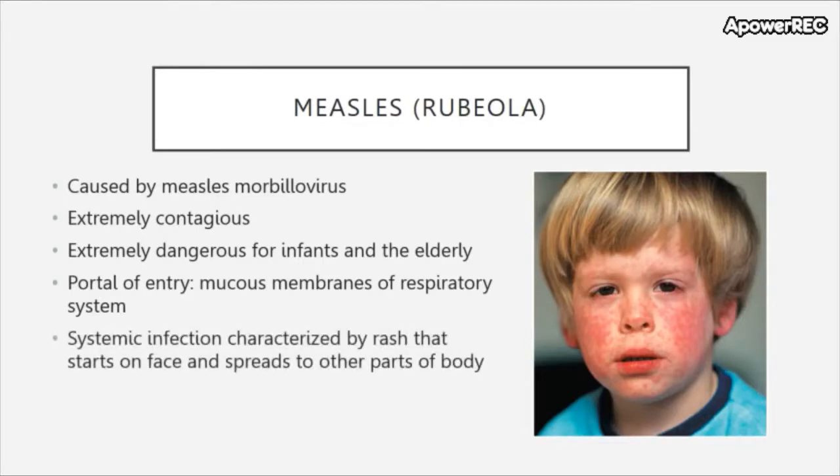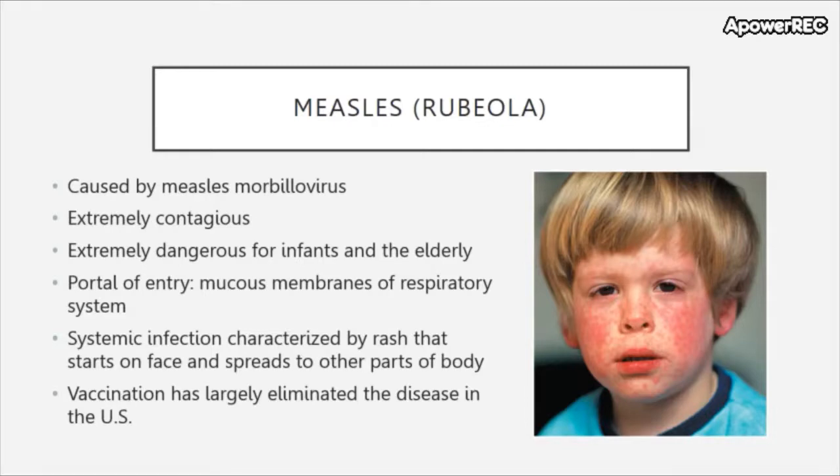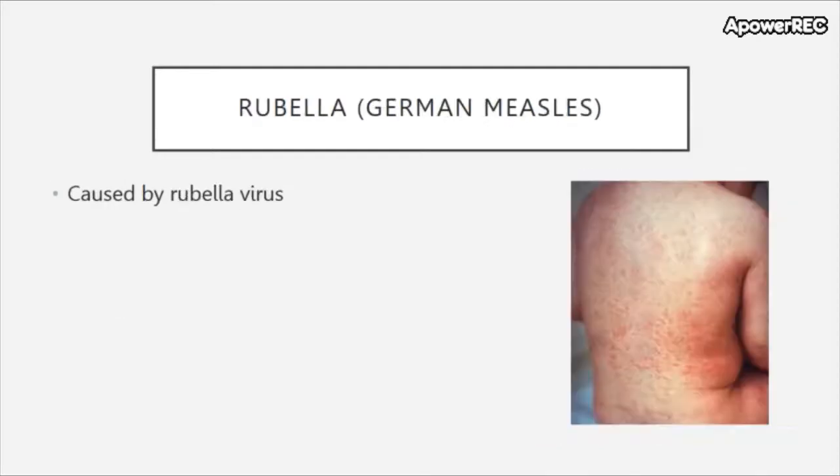A systemic infection is characterized by a rash that starts on the face and spreads to other parts of the body. In the US, vaccination has largely eliminated the disease. Outbreaks continue to happen due to travelers coming into the country and reintroducing it, but overall, it's been eliminated from the US. Although resistance to vaccination has led to some recent spikes in measles cases as well.